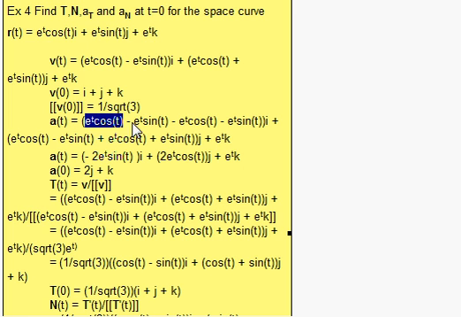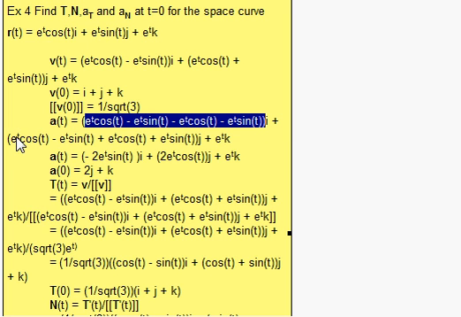Minus first d second is actually plus first d second, okay? And then I need to find the derivative of this part with a negative sign in front, which is e to the t cosine t, all in quantity, plus e to the t sine t, but remember that's all subtracted, so therefore these signs are correct, times i.